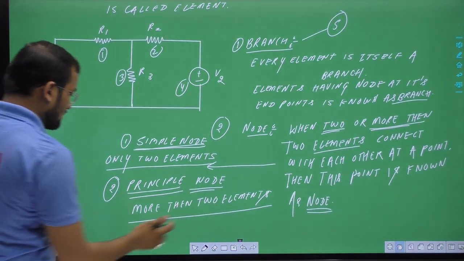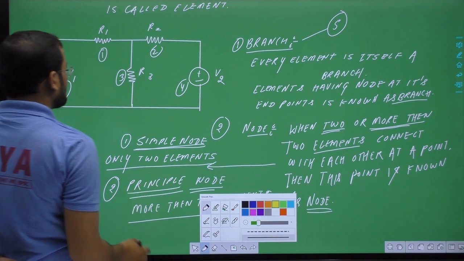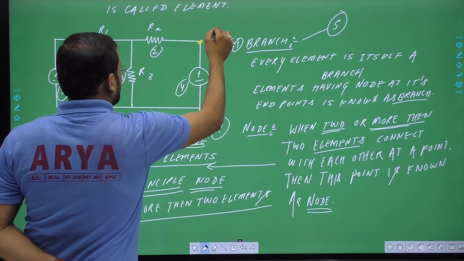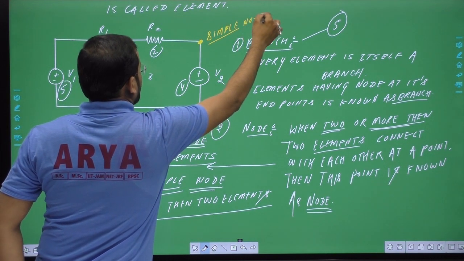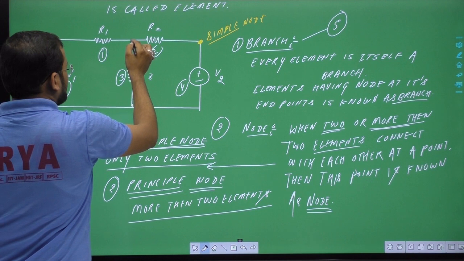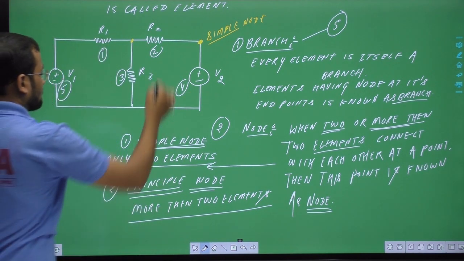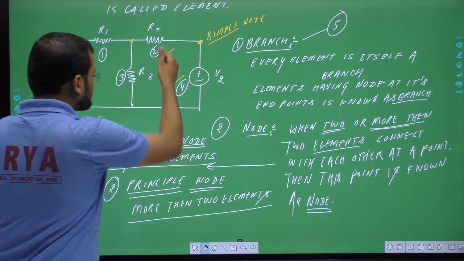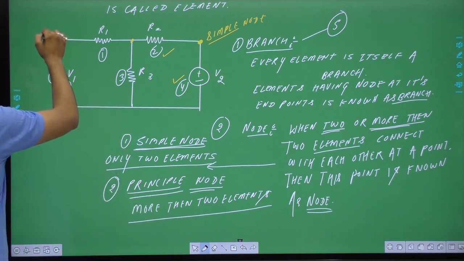Here, this is known as a simple node, because it is a connection between 2 branches, 2 elements: branch second and branch 4. This is also a simple node.